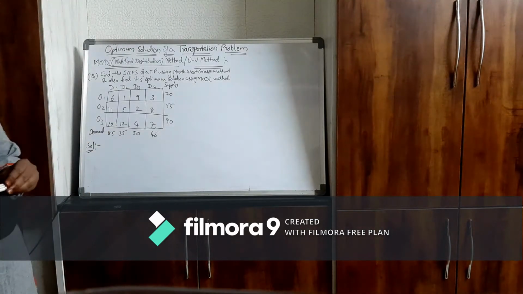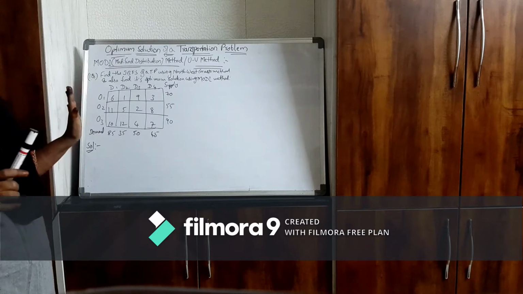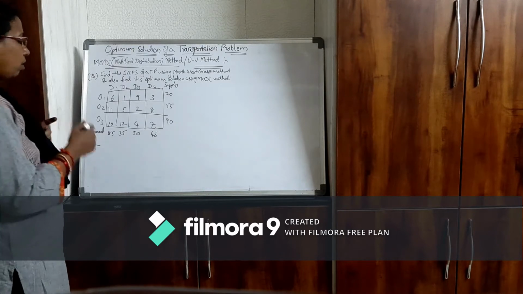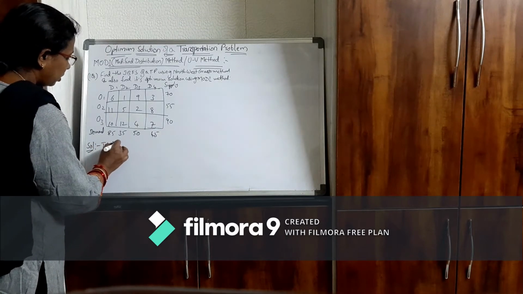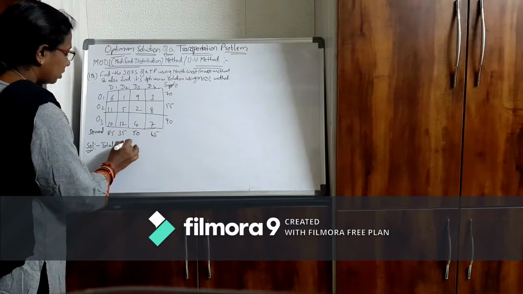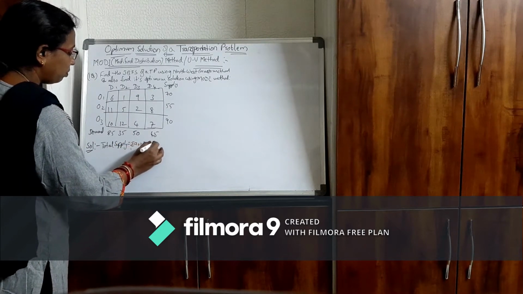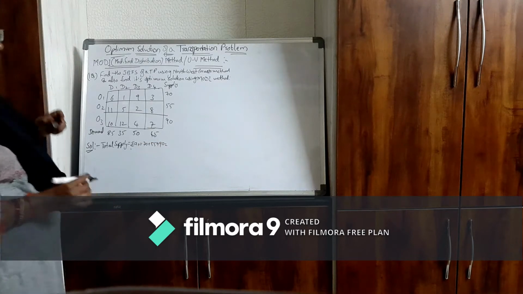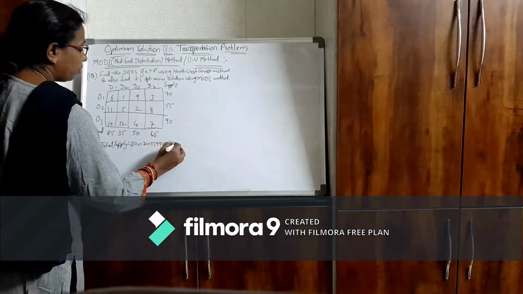So in this problem, first, let it be any transportation problem, you have to check whether it is a balanced transportation problem or not. For that you have to find total supply and total demand. So this is summation a_i, which is 70 plus 55 plus 90. 70 plus 55 is 125, 125 plus 90 is 215.